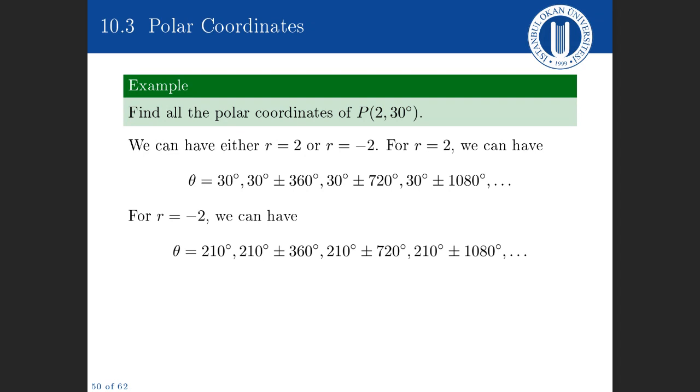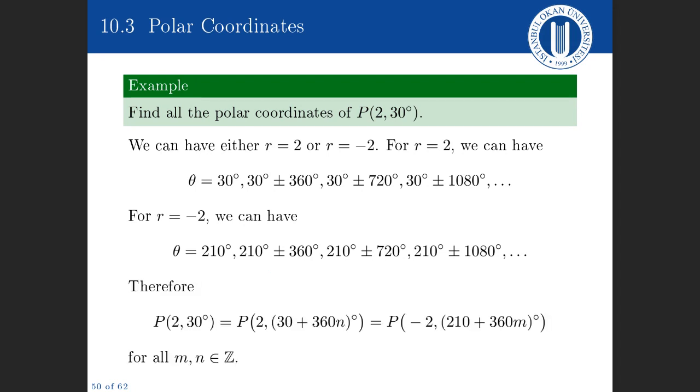Or if we go all of the way around again, we could have 210 degrees plus 360, or plus 720, or plus 1080, or minus 360, minus 720, minus 1080, etc., etc. We could write down the answer to this problem as (2, 30 + 360m degrees), or (-2, 210 + 360n degrees), for some integers m and n.